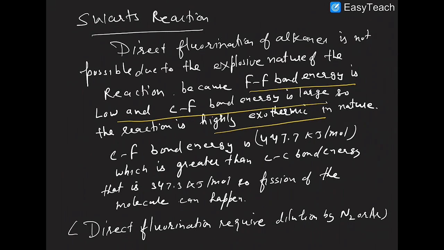The CF bond energy is greater than that of the carbon-carbon bond, so fission of the molecule into smaller fragments is possible. That's why direct fluorination is avoided. Direct fluorination can be possible if we dilute the fluorine by adding a much larger amount of nitrogen or argon.